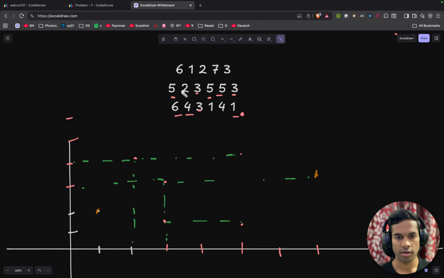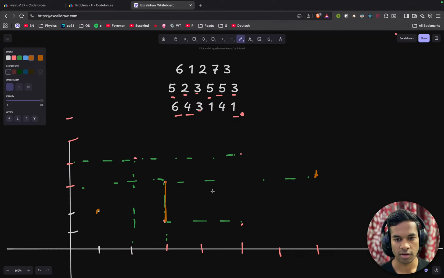These points are correct. 2 4, cool, and then 3 3, and 3 1. This is at 1, and this 1 is at 3. Yes, so the distance between these two is 2. Or maybe you can think about these points as lines.